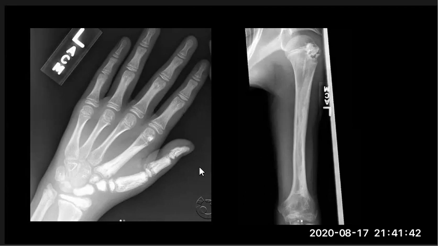What we see here, this is the left hand X-ray and the left humerus X-ray. X-ray of the hand and the humerus.